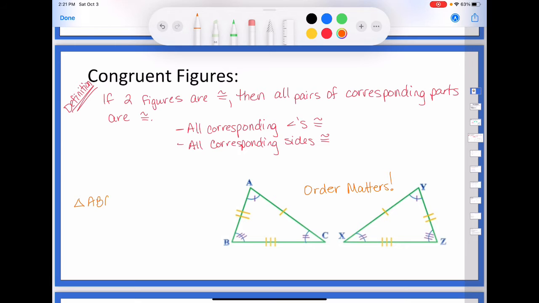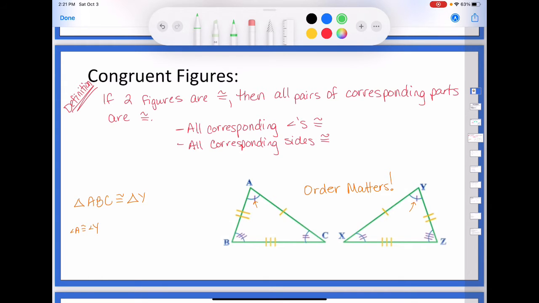So if I was going to say triangle ABC is congruent to triangle, well, now I have to be careful. What angle does angle A correspond to? Angle A corresponds to angle Y. So Y has to be the first letter because A is the first letter. So angle A congruent to angle Y, right?